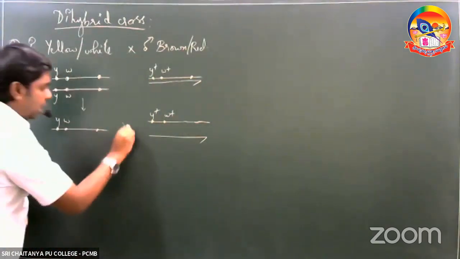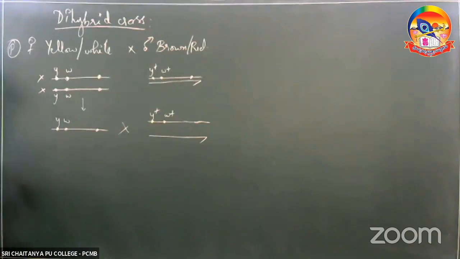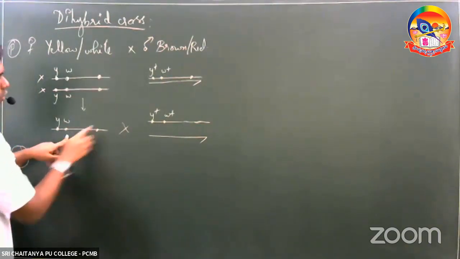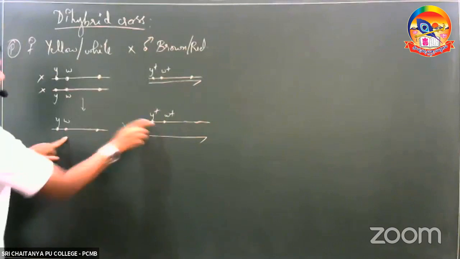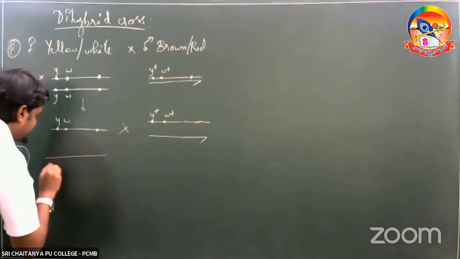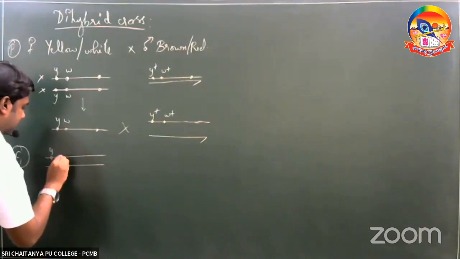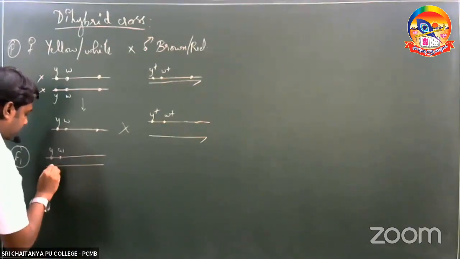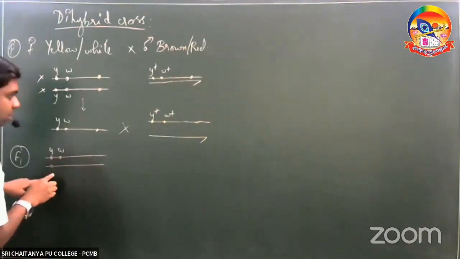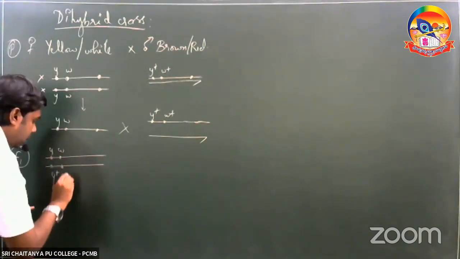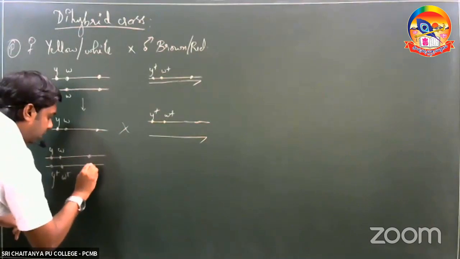When these two are crossed in the F1 generation, the X chromosome containing female gamete is crossed with the X chromosome containing male gamete. So this would be the female with y and w, and here the male gamete chromosome, y plus and w plus.